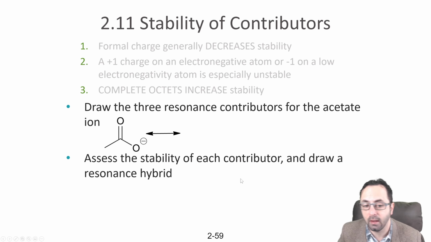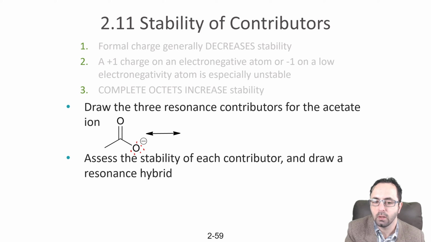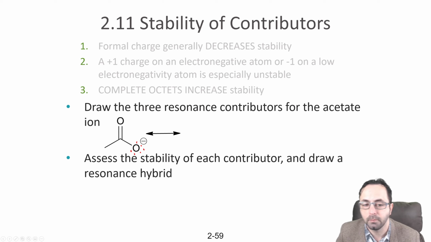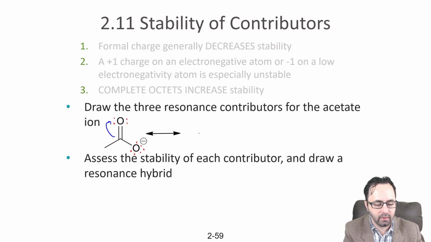Now here's an acetate ion, so a very similar structure. However, this time this oxygen has a negative formal charge, which means it has 3 lone pairs and 1 bond. And like last time, there's often more than one way to do this, but we can pick out the fact that we have a pi bond next to an electronegative atom, and so that's similar to last time.